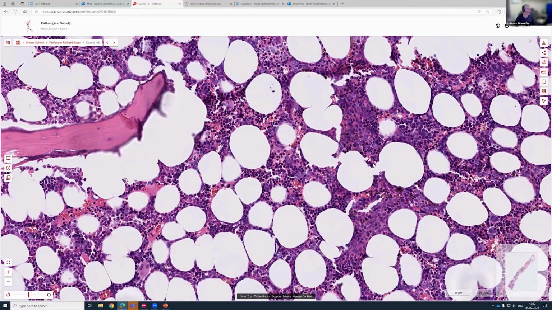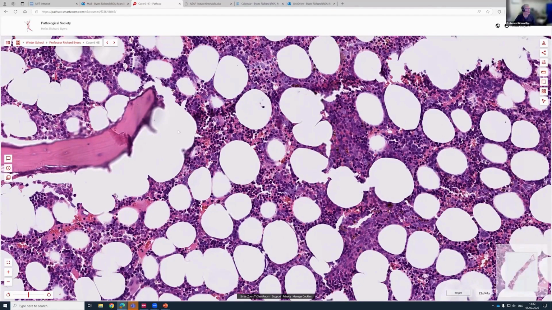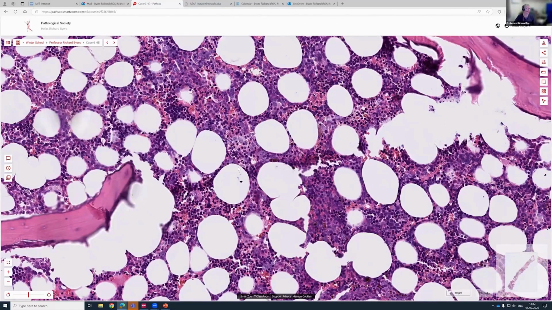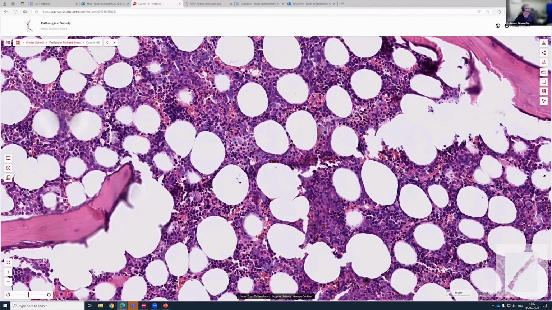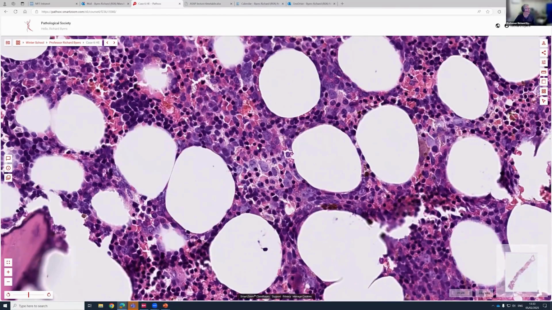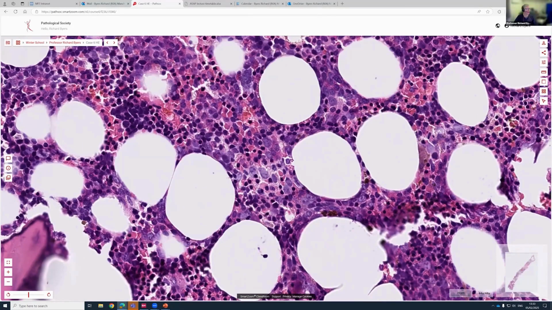But what I'll do is I'll try and point out the features that we look for in myelodysplasia to confirm the diagnosis. So first of all, the marrow will be hypercellular, but you can get hypocellular forms, and this is probably one of those. And then when you look at the cells, you'll get myeloid left shift. So we've got ALIPs, which are abnormally localized immature precursors in the myeloid series.